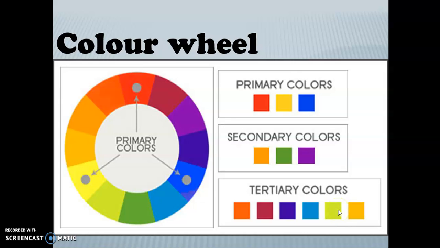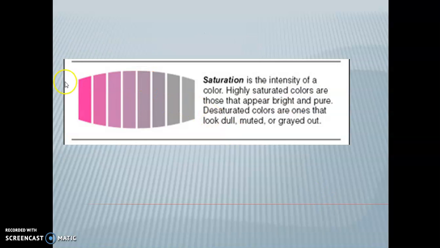And also you have to understand saturation or intensity. A high saturation or high intensity color is when the color is bright. A low saturation or low intensity color is when the color is dull. So in his work you can see that he uses dull colors for the background and a high intensity color for the foreground.